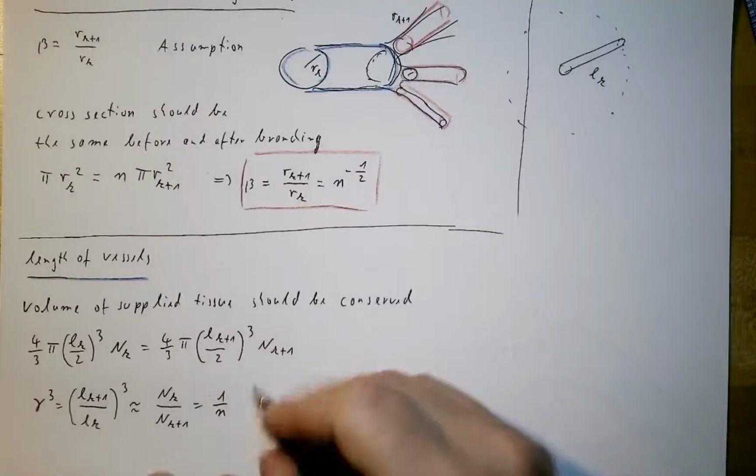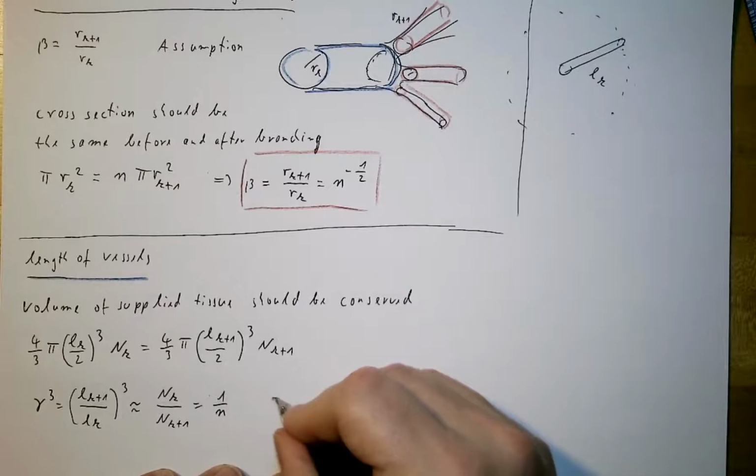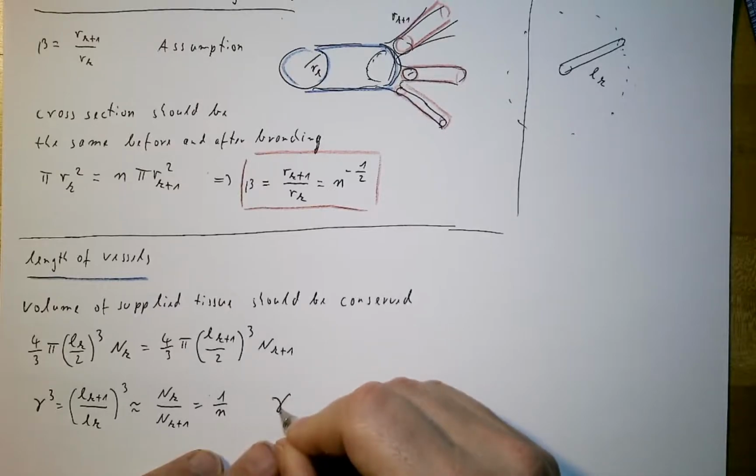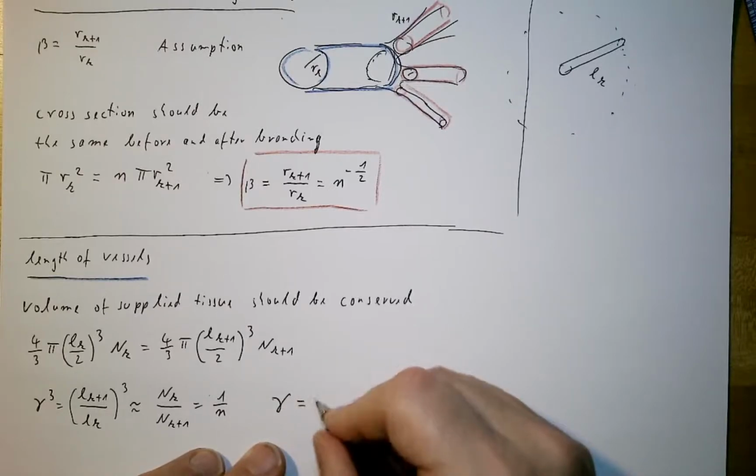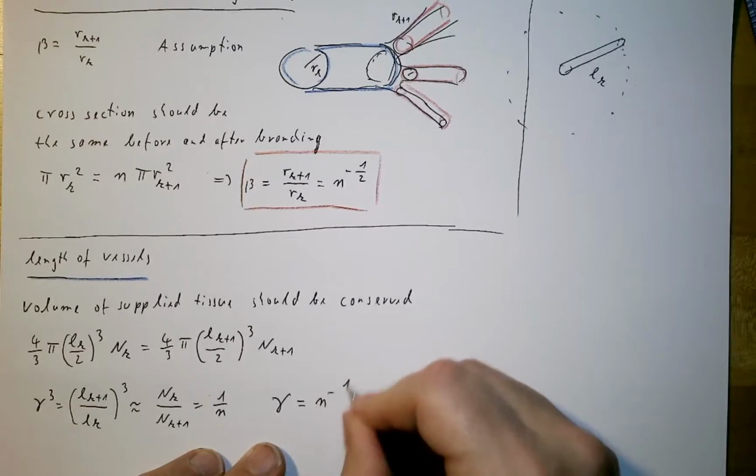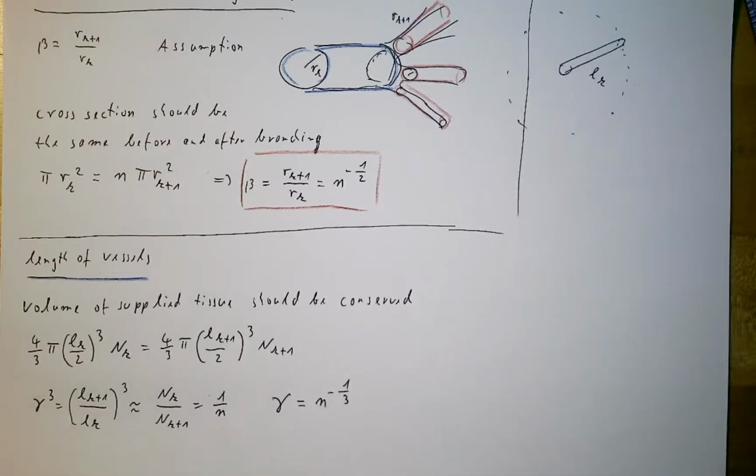And then we see our parameter gamma equals n to the minus 1 over 3.